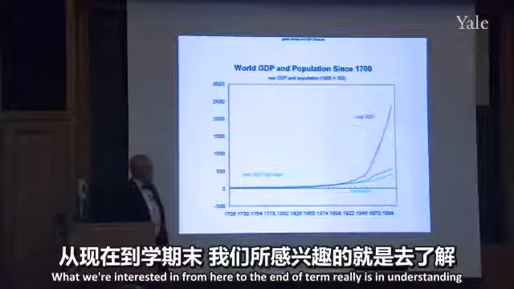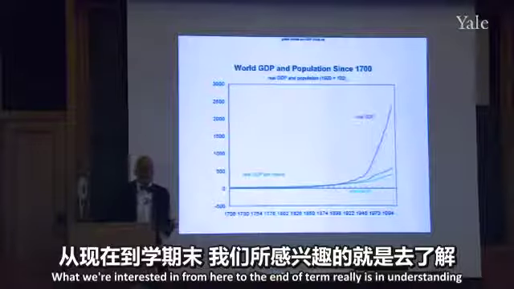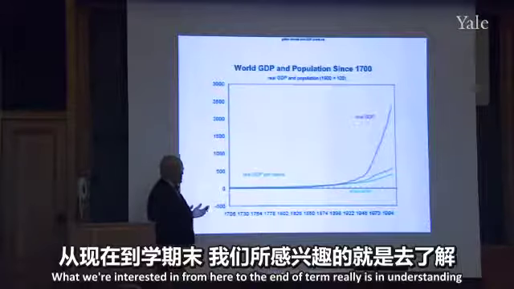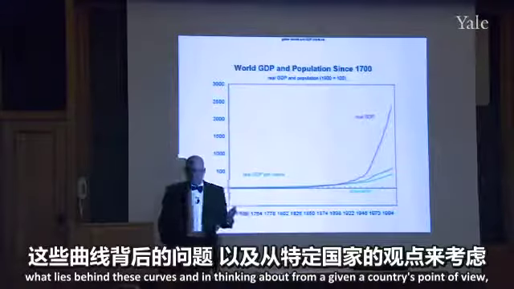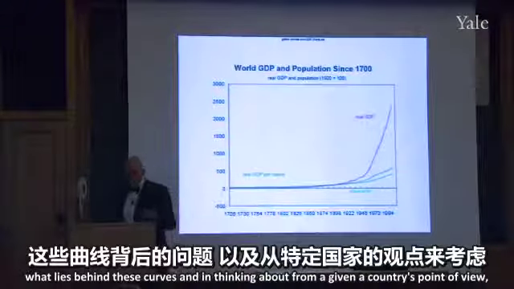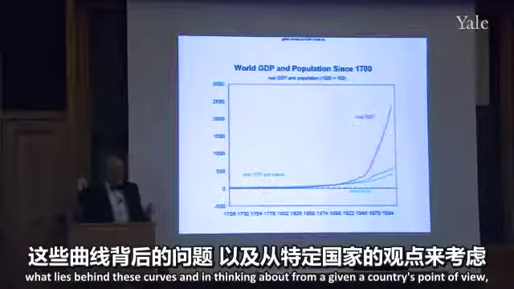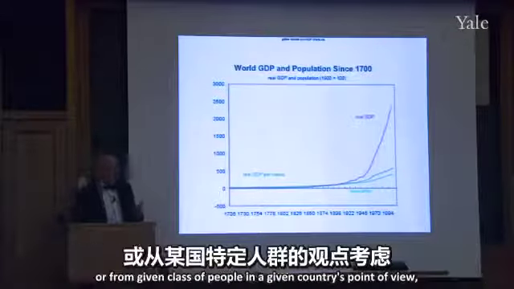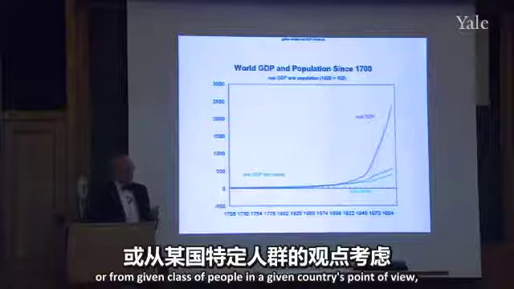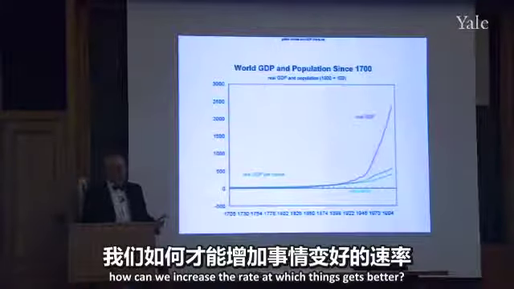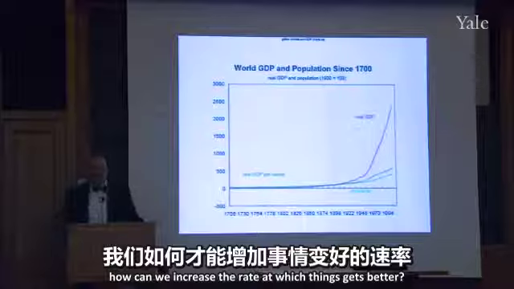And what we're interested in from here to the end of term, really, is in understanding what lies behind these curves and in thinking about, from a given country's point of view or from a given class of people in a given country's point of view, how can we increase the rate at which things get better?